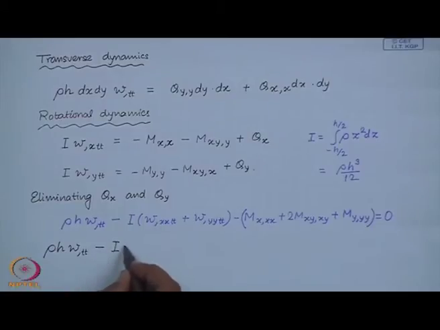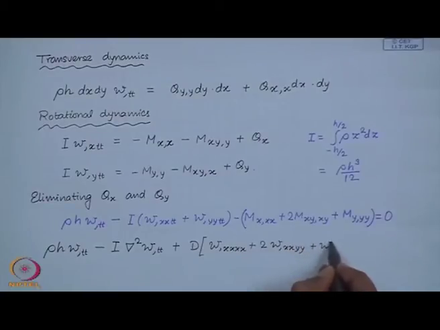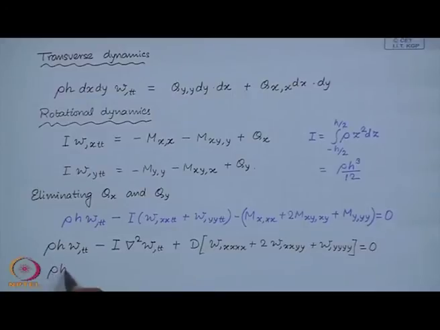This can be written as the Laplacian of w, del square w del t square, plus D, and this turns out to be, so we can write this in a compact form.